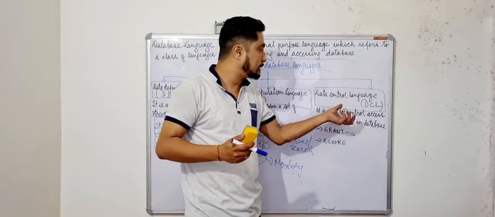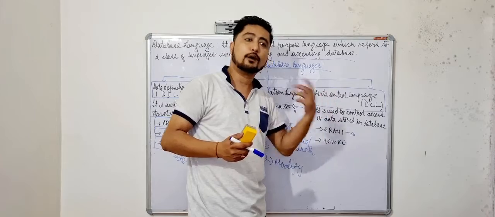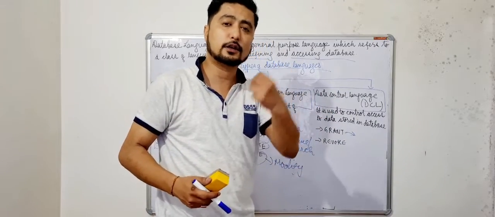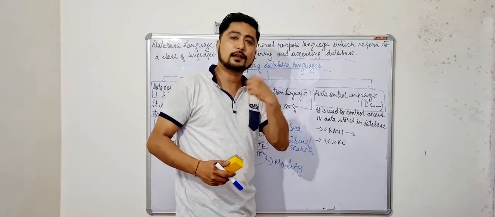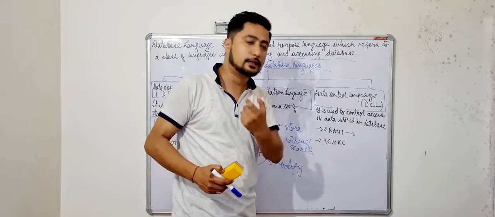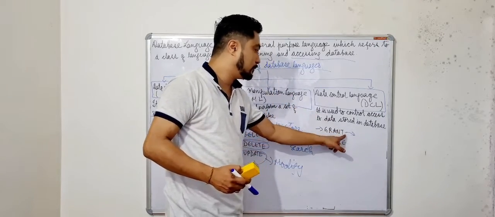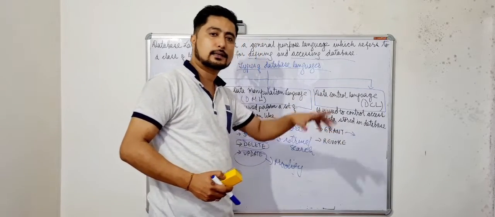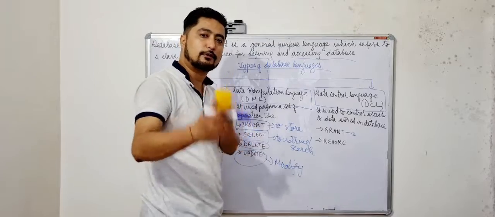So what does the database administrator do? If he wants to grant the permission or give the control access to the data to the user, we use the grant command. This grant command is used to provide the permission.